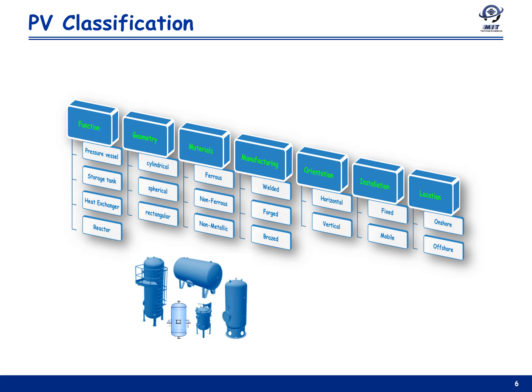Then according to manufacturing or fabrication method, it can be welded, forged, brazed or a combination of these. According to orientation, it can be a horizontal vessel or a vertical vessel. And based on mobility, it can be a fixed or a mobile vessel, and mobile means that it is mounted on either truck or train or even ships. And finally, location, that is onshore and offshore.